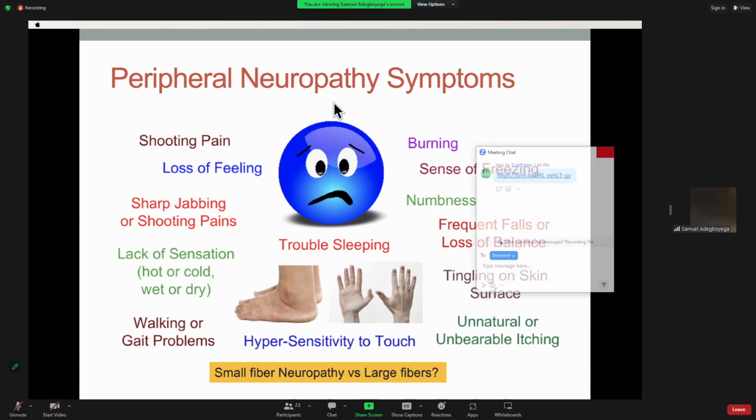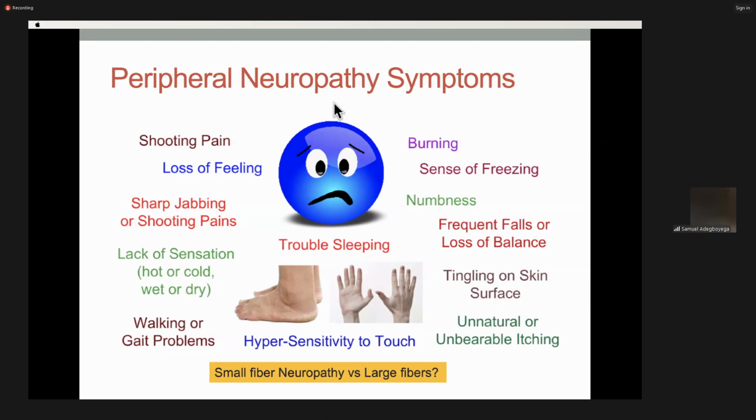This is a very, very important slide here. This graph, they use it a lot on exams. So if you look at small fiber, what do you see? Pain.